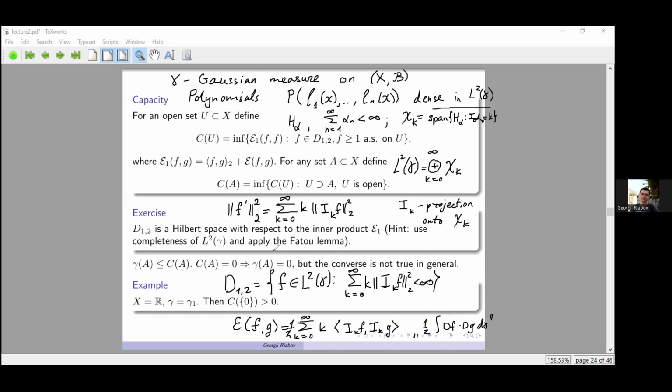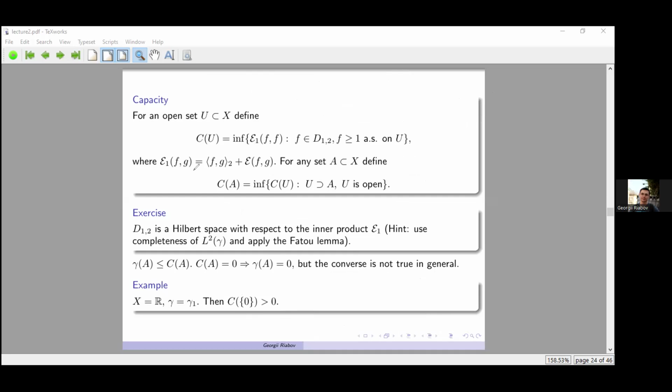And also we mentioned that this inner product E1, which is the sum of the inner product in L2 and E, is actually an inner product on the space D, and D is a Hilbert space with respect to the inner product E1.